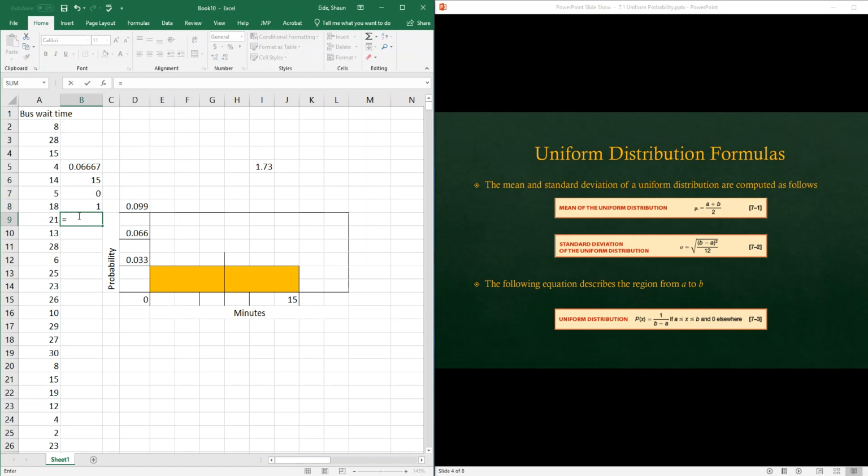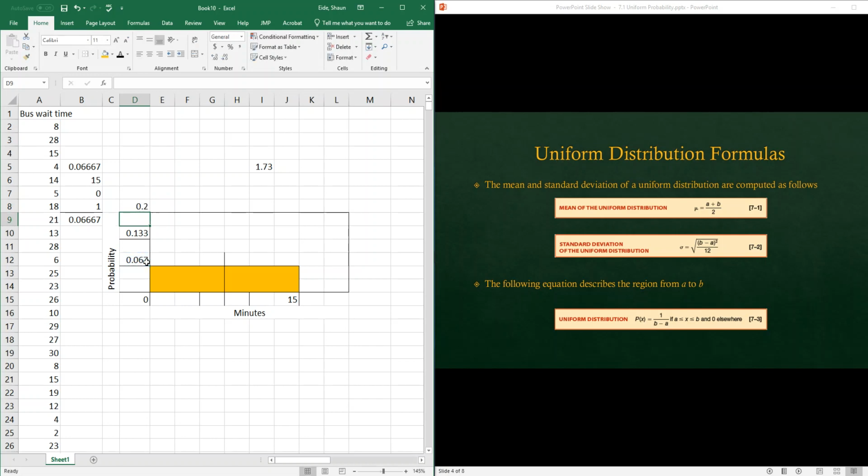And then we have equals 1 divided by 15 minus 0 equals 0.0667. So equals that. Then we'll just do equals 2 times that, and then equals 3 times that.